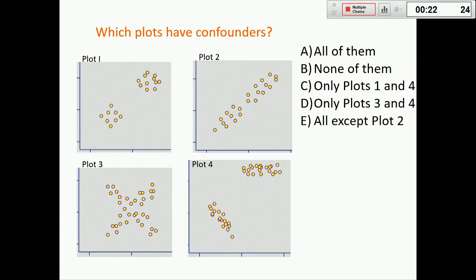Just go with your intuition, and then we'll look at it. Which plots do you think have confounders, where the overall slope is confounded by group membership? Just pick a choice here.